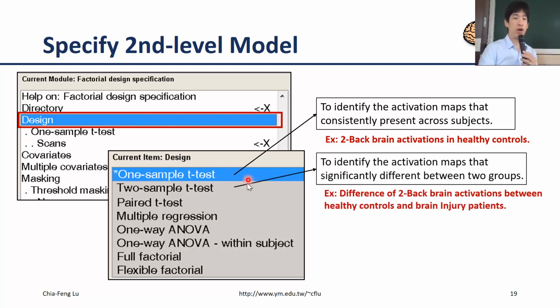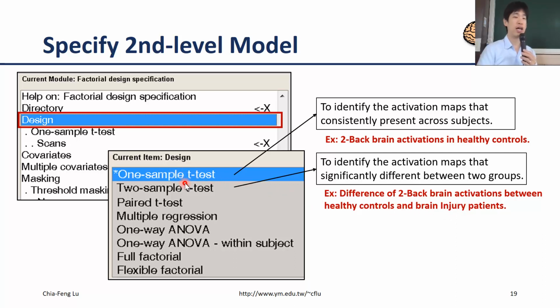And the two sample t-test is a way that we try to compare the difference between groups. That means we can identify the activation maps that are significantly different between two groups. In our example, it helps us identify the difference, for example, of two back brain activations between healthy controls and brain injury patients.